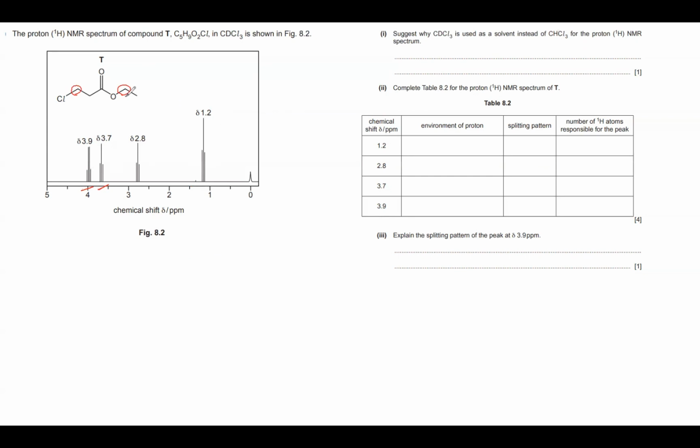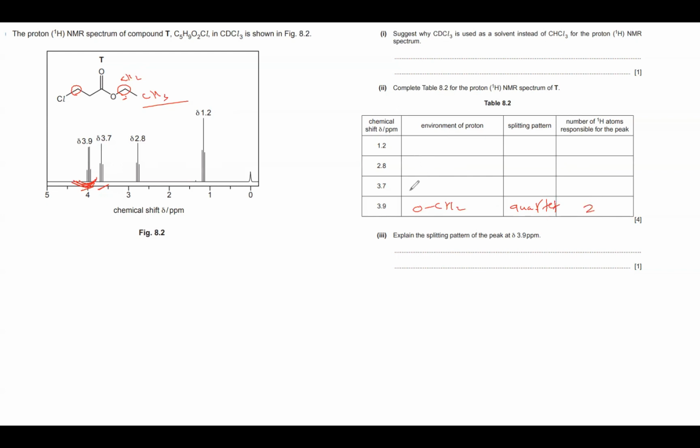As you see here, beside these two hydrogens we have CH3, so their splitting pattern will be a quartet, N+1. So on 3.9, which is a quartet, we can say that here we have OCH2, the splitting pattern, as we said, is a quartet, and the number of hydrogens is still 2 hydrogens.